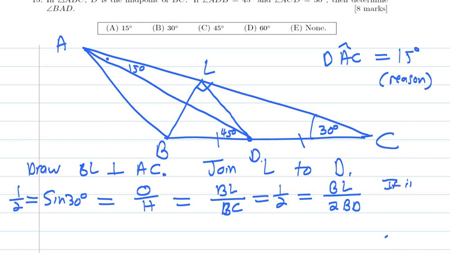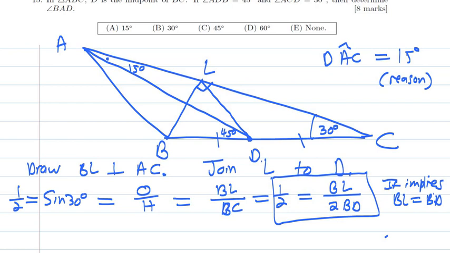And so if a half is equal to this, it implies what? Who can tell me? Just staring at this part of the calculation, what do we end up getting? So if that fraction is equal to that fraction, yes, Richard, we get that BL is equal to BD. This is kind of good news.